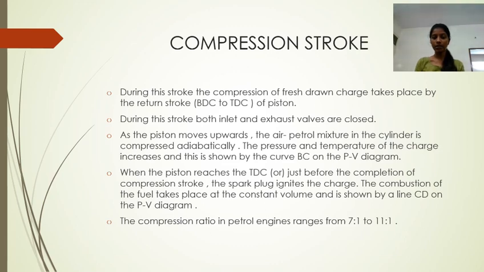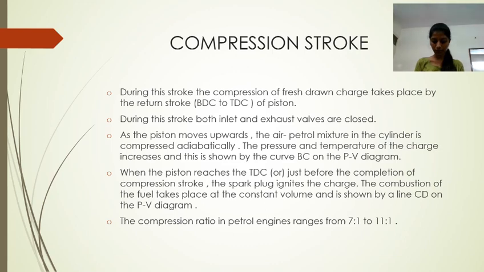When the piston reaches the TDC, or just before the completion of the compression stroke, the spark plug ignites the charge. The combustion of the fuel takes place at constant volume and is shown by the line CD on the PV diagram. The compression ratio in petrol engines ranges from 7:1 to 11:1.